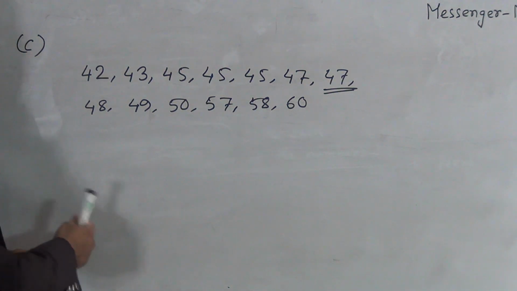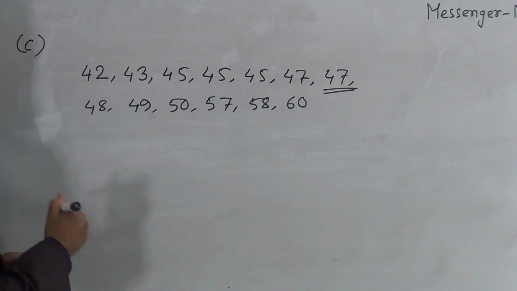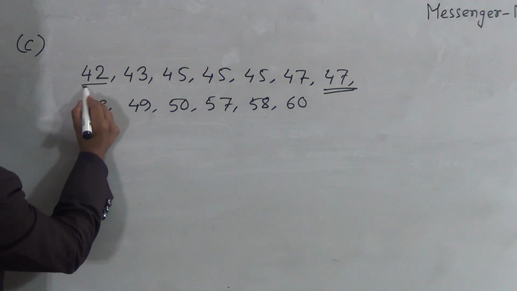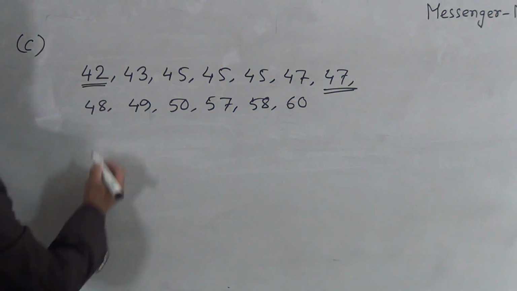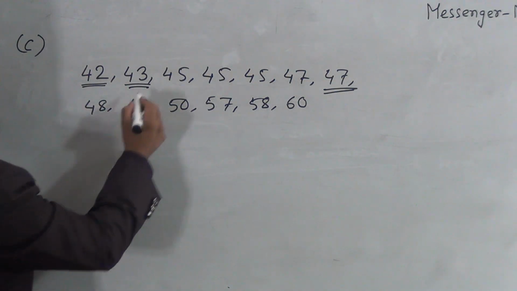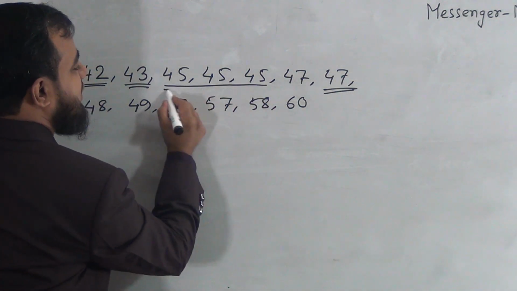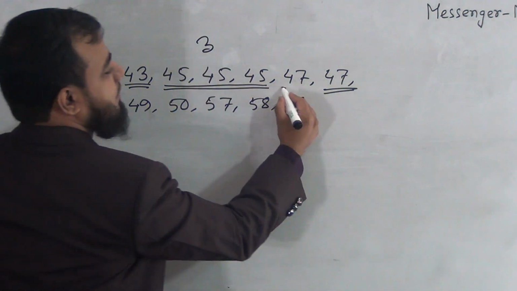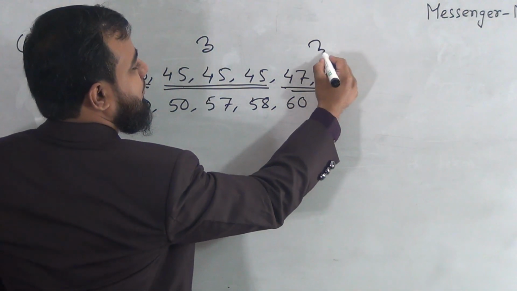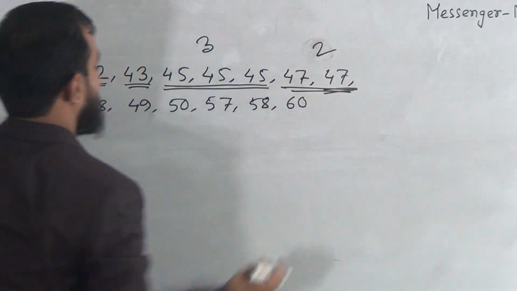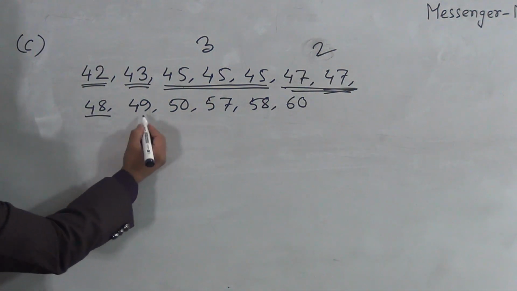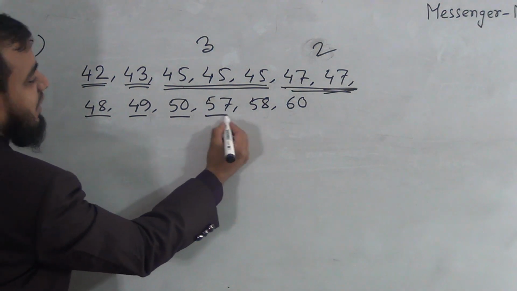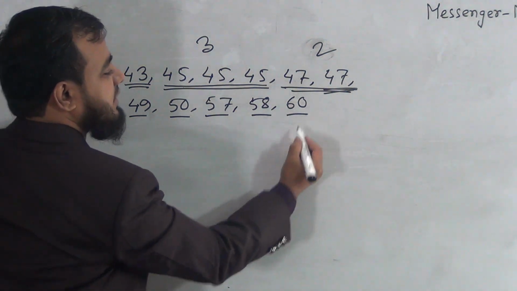Look, when we arrange this data in ascending order we get: 42 repeats only one time, 43 only one time, 45 repeats 3 times, 47 repeats 2 times, right? 48 only one time, 49 one time, 50 one time, 57 one time, 58 one time, and 60 is also one time.